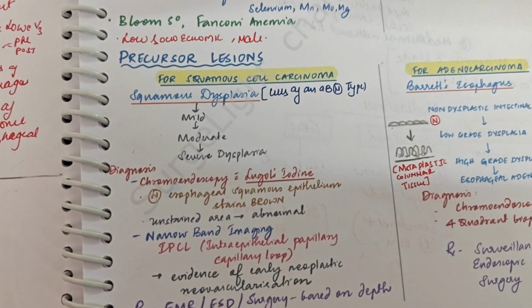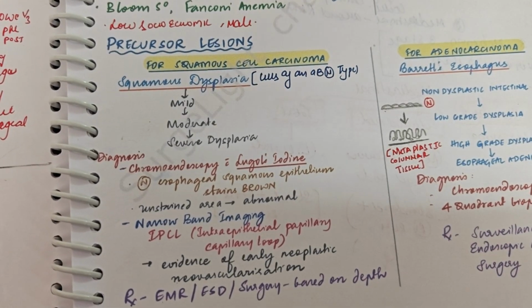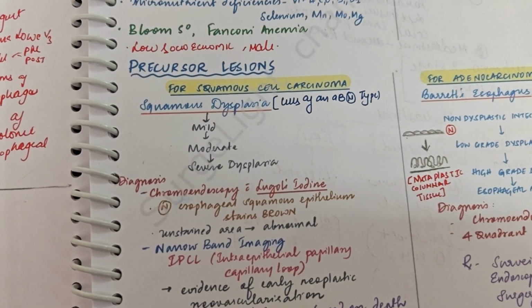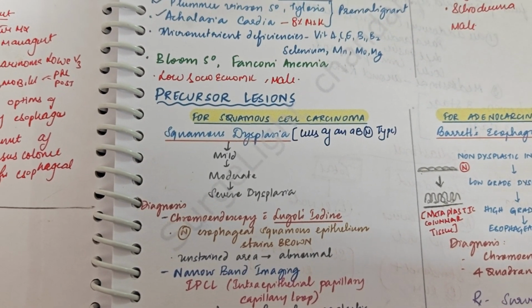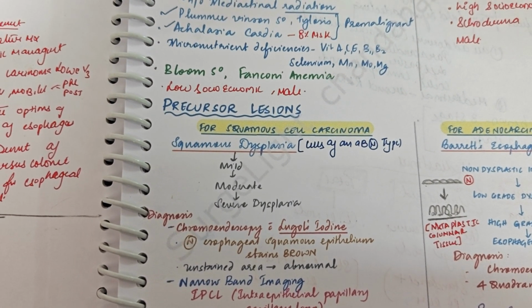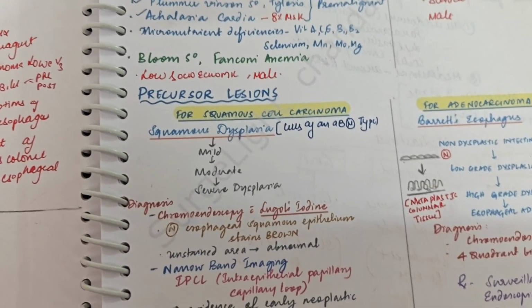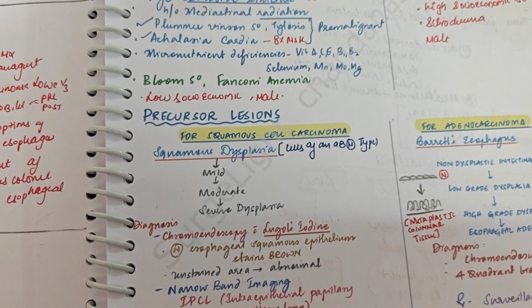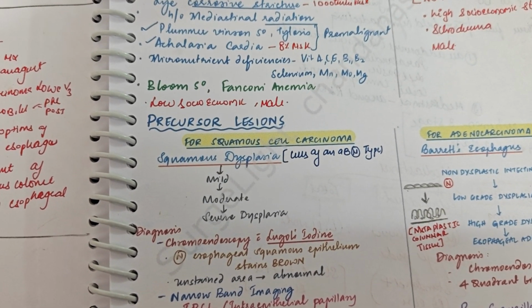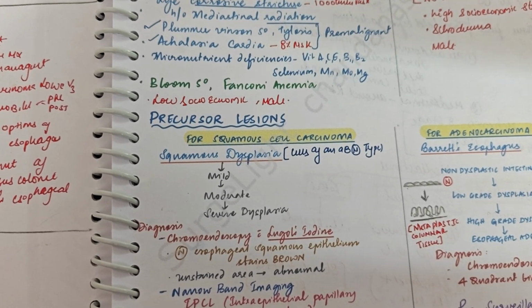If you look into the histology of the esophagus, which I have already discussed, the lining of the mucosa is a squamous epithelium. Because of the predisposing factors I have already discussed, there is continuous stimulation and dysplasia.